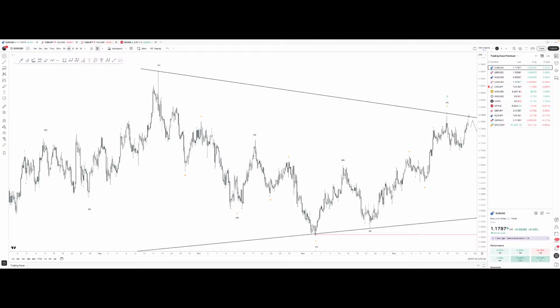But before we begin, just a very quick one to have everyone aware, because we're going into the holiday seasons. This week, Christmas, as well as next week, New Year. So generally, there will be less liquidity in the market. We don't really expect quite a lot of movement.